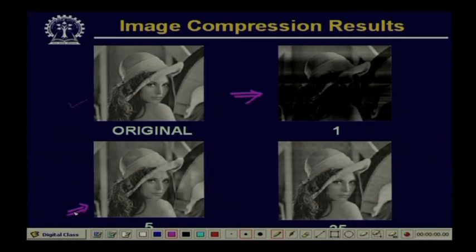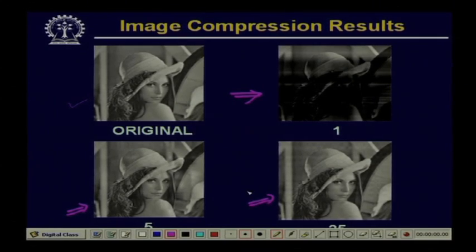If we increase the number of eigenvectors further, that is, we use 25 eigenvectors to form the transformation matrix, then this is the reconstructed image that we get. If you closely compare these two images, you find that there are some artifacts. For example, in this particular region there is an artifact, something like a vertical line, which was not present in the original image, and that is improved to a larger extent in this image. So, again the image quality has been improved as I increase the number of eigenvectors.